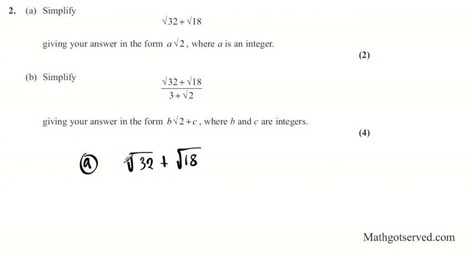Now you want to note that if there's no number in front of the square root, we're taking the second root. Okay, so there's, think about it, there's an imaginary 2, little 2 right here, we're taking the second root. Alright, so to give our answer in the form a root 2, where a is an integer, we have to simplify these two as much as possible, and then we can combine them if we can.